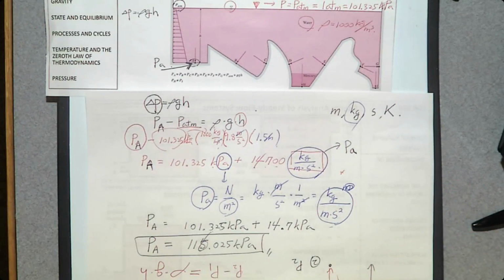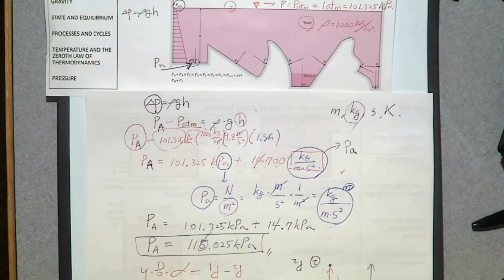Then going back to this point A, now we know pressure at point A. Can you determine the pressure at point B? If h is the same, yes. Then what is the relation between PA and PB? PA greater than PB or PB greater than PA?